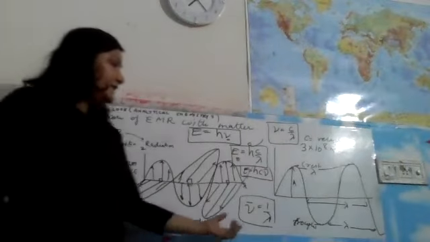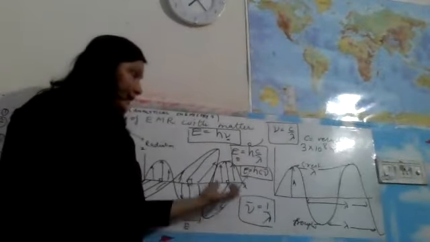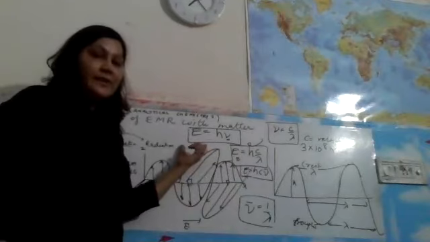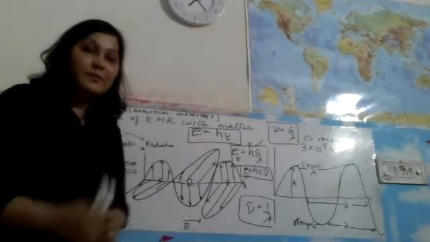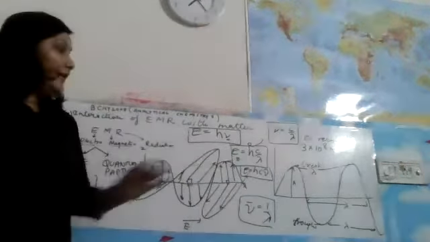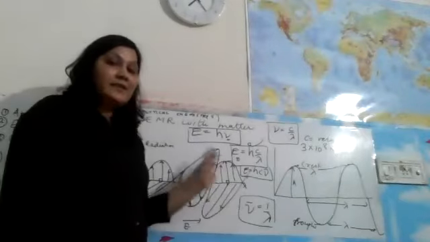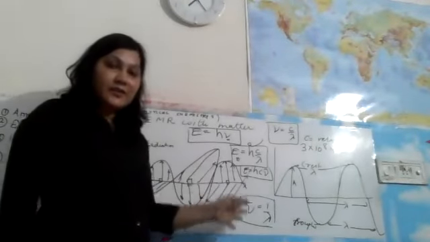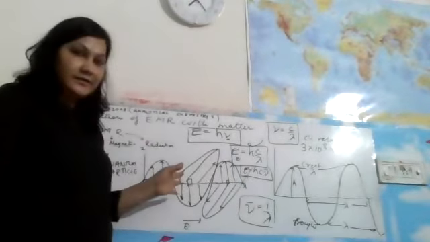And the last one is lambda, means the energy of any electromagnetic radiation is inversely proportional to the wavelength of the wave. Longer the wavelength, lesser the energy. Shorter the wavelength, higher the energy.